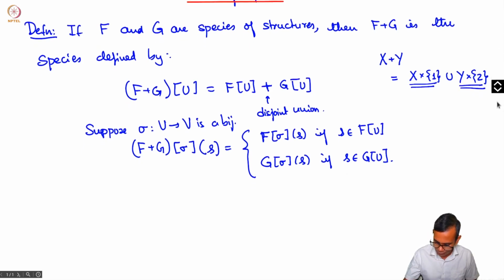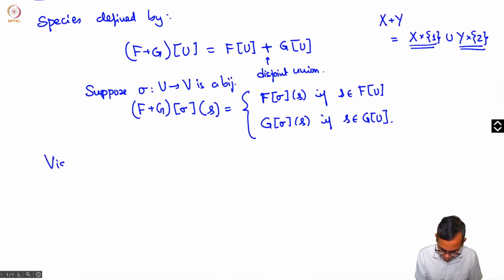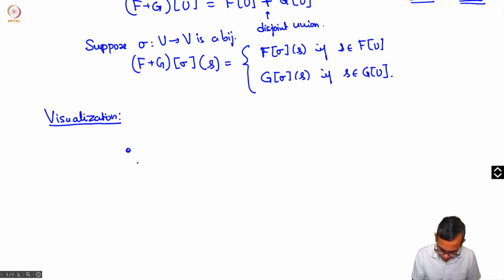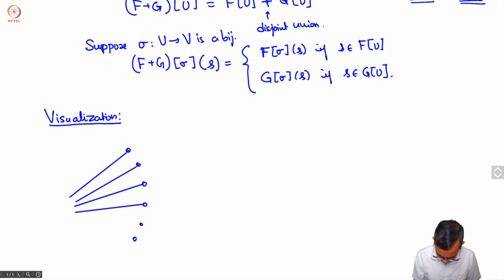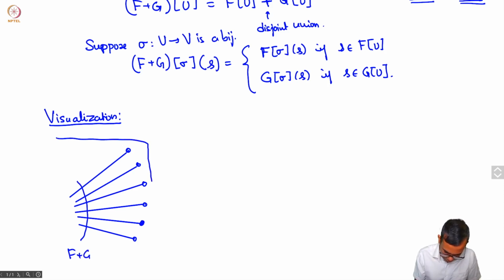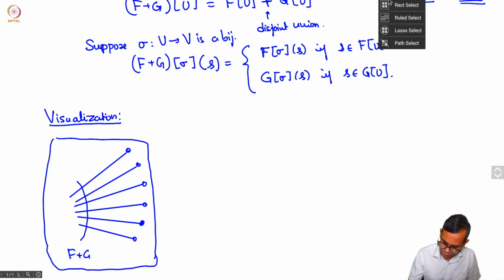And visually we can write this definition as follows. An f plus g structure, well, abstractly we would denote it by this kind of a picture. An f plus g structure is either an f structure or a g structure on the set.